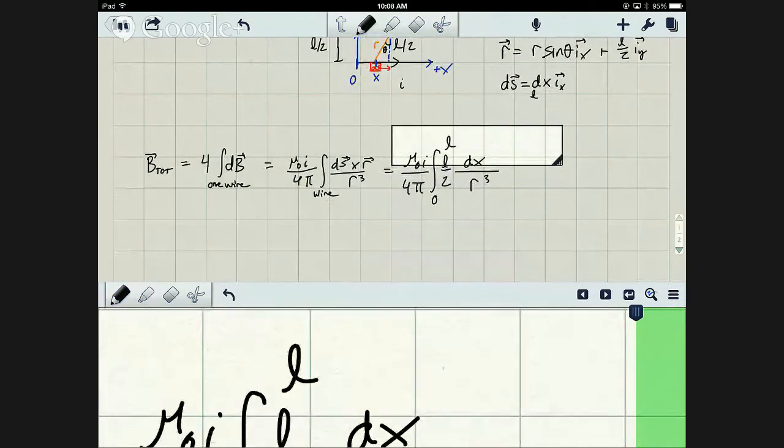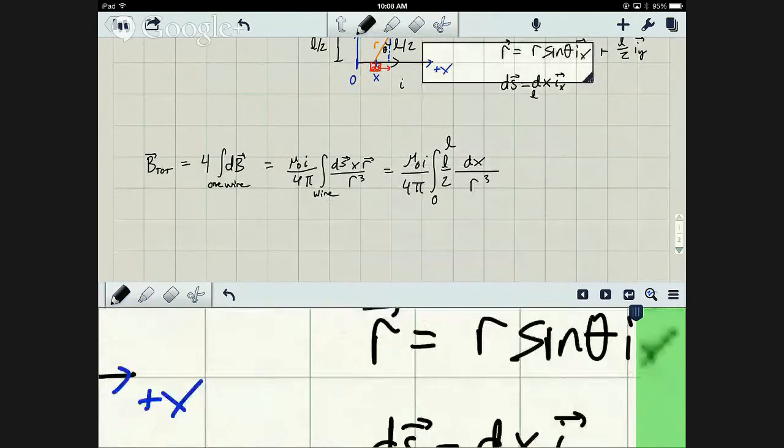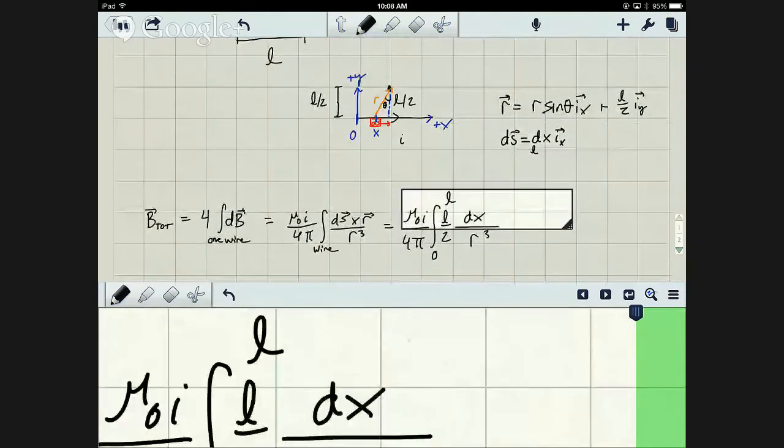On a test, you're not expected to do this integral, but these integrals will be given to you at the front of the test, if they are given. The challenge here is just to get this all in terms of x, and that's what you want to do.